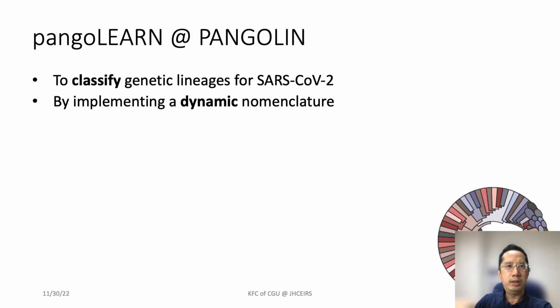Now, let's take a deeper look at the PangoLEARN system, which is based on the PANGOLIN system. PANGOLIN is designed to classify genetic lineages for SARS-CoV-2, and it uses a dynamic nomenclature system.